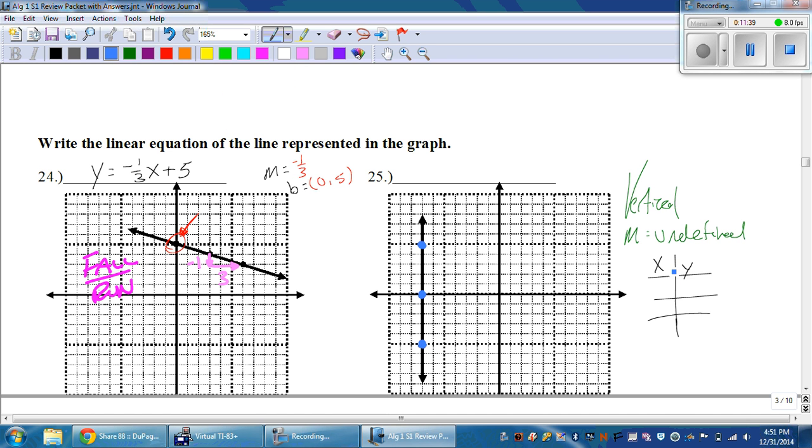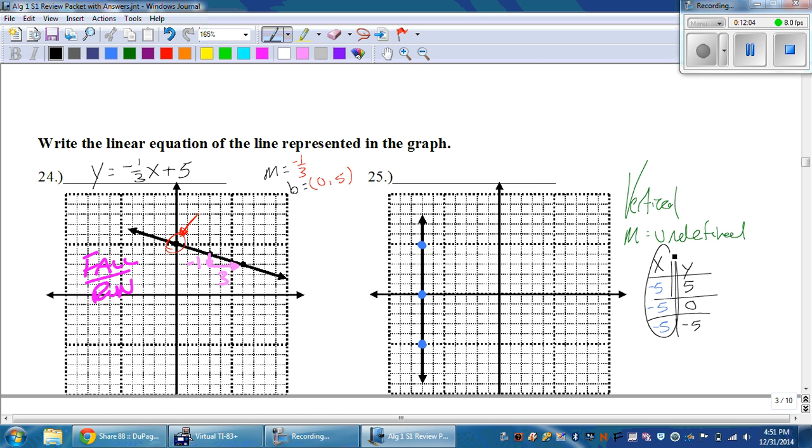Well, the first one is, I'm going to start at the top. It's (negative 5, 5). Our next one is (negative 5, 0). And then that third point is (negative 5, negative 5). Well, what do you notice about all of them?